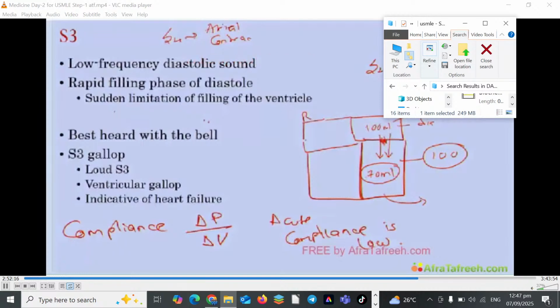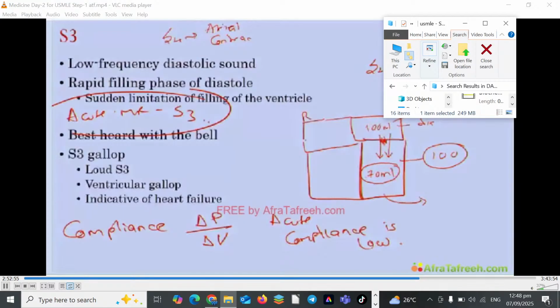And that is why it produces an S3 sound. S3 tells you that the ventricle is non-compliant. This is the sudden limitation of filling. So acute MR will have S3. Acute conditions will have S3.